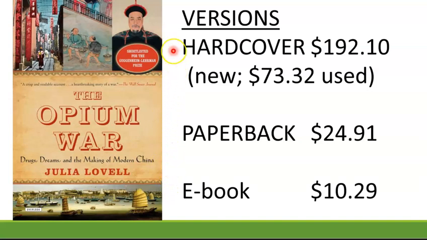Well, this book is no longer available in hardcover, but when it was, the hardcover price was about twice the price of the paperback, maybe a little bit less than twice.